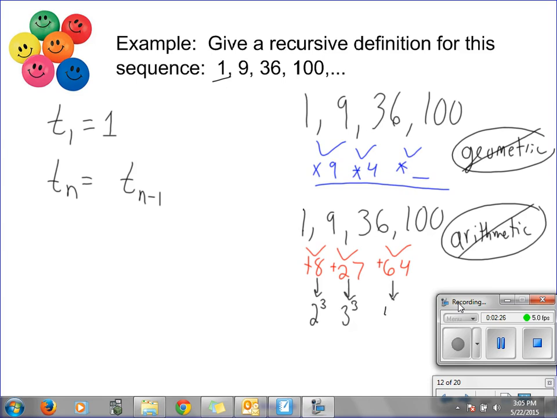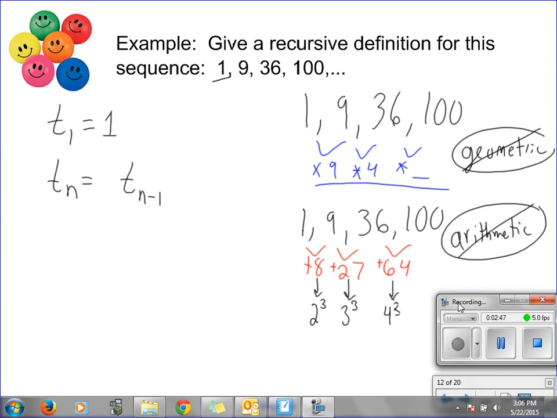And 64 is 4 times 4 times 4, so 4 to the third power. So it looks like our difference has an interesting pattern, possibly n to the third power, that we're taking our previous term and adding, for instance, 2 to the third, etc.